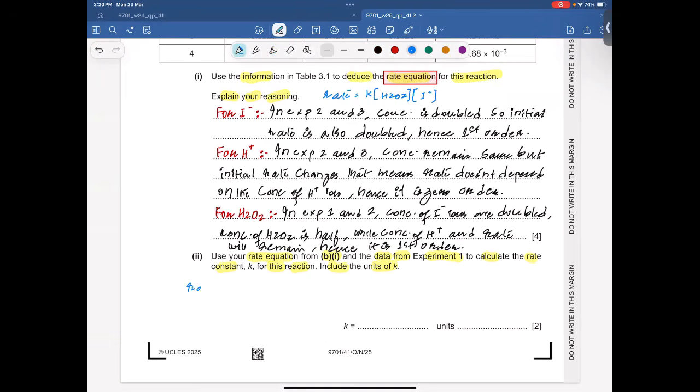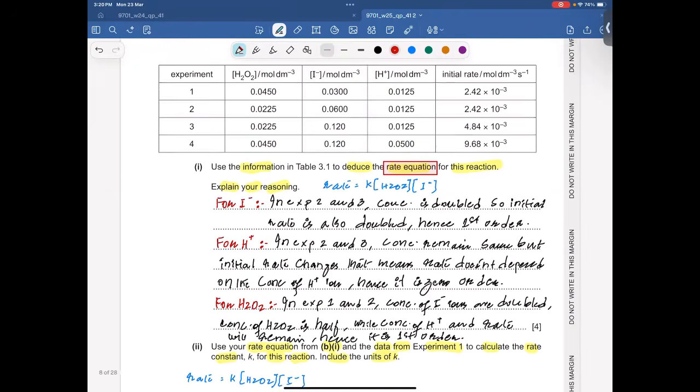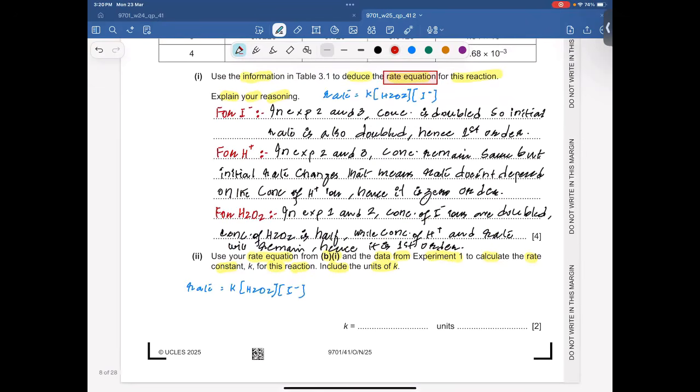So rate equals K times the concentration of H2O2 times the concentration of iodide ion. I'm going to use experiment 1. So in experiment 1, the rate is 2.42 into 10 to the power minus 3.